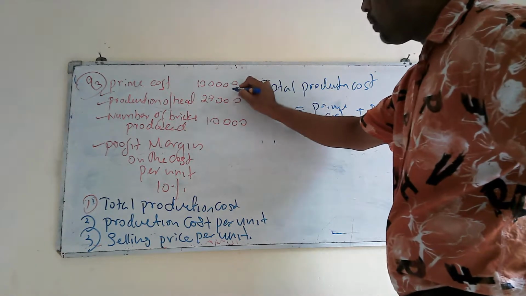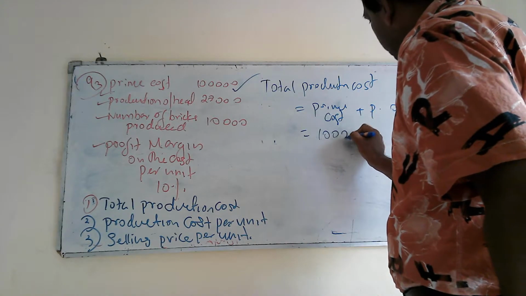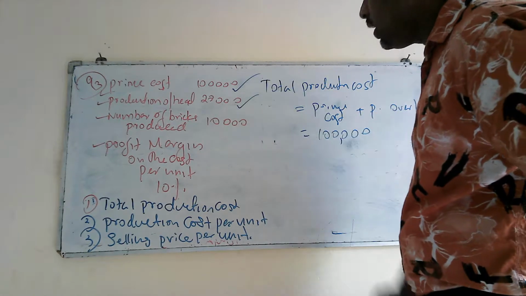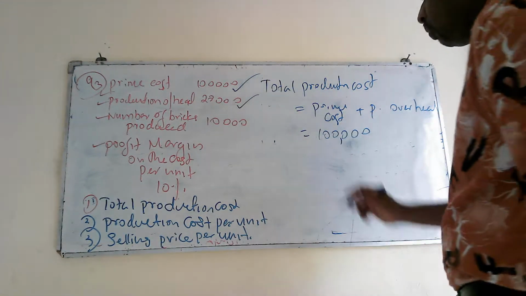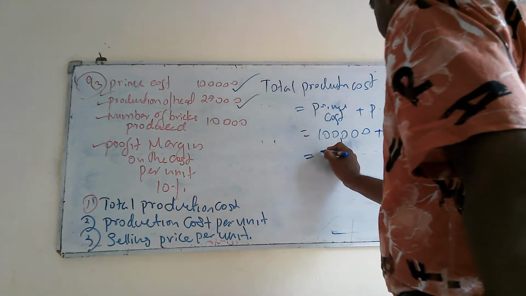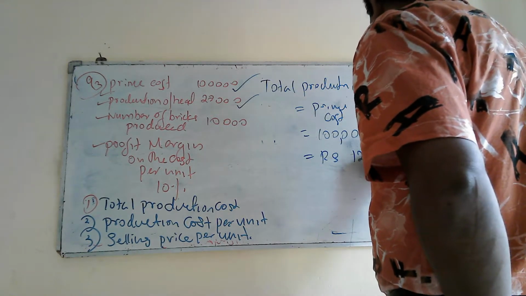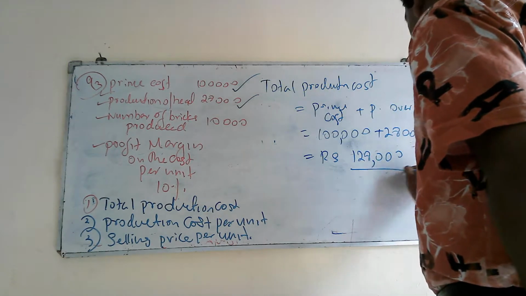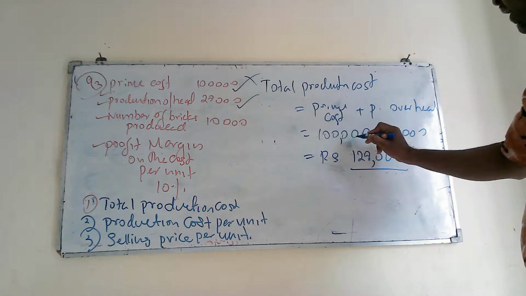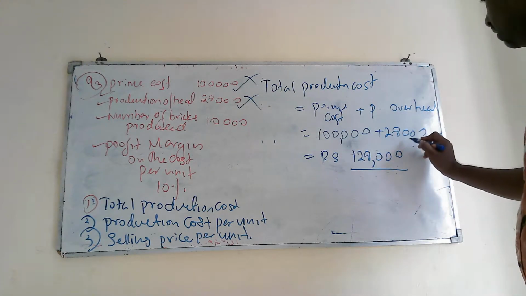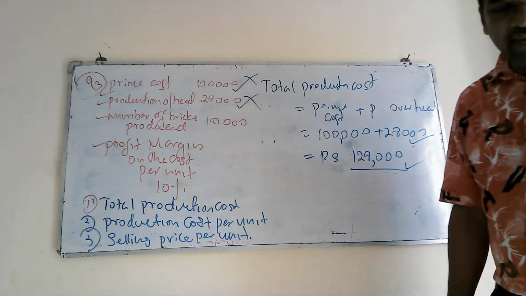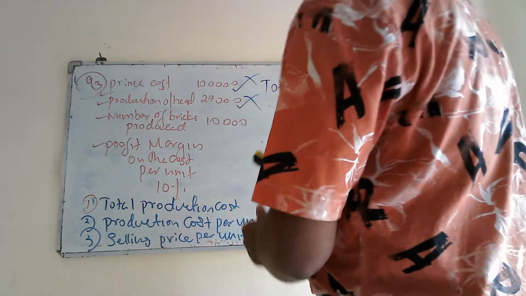Then here we are given prime cost 100,000 and another 28,000 for production overhead cost. Total will be 128,000 rupees. Prime cost 100,000, production overhead 28,000, then total 128,000. That is the answer for part A. It is easy for you to take that answer.